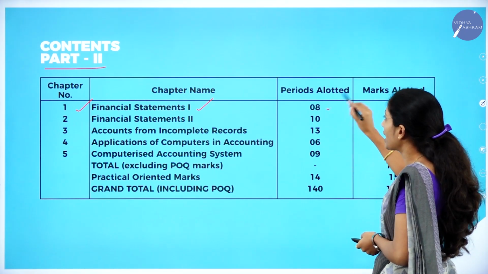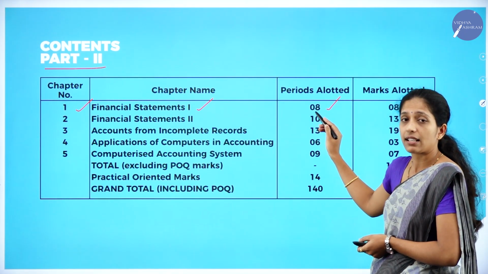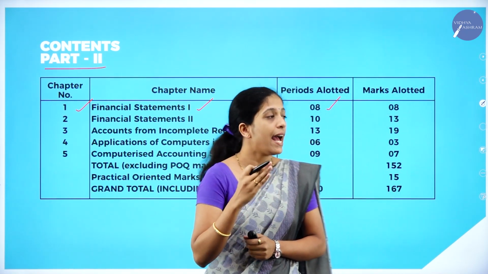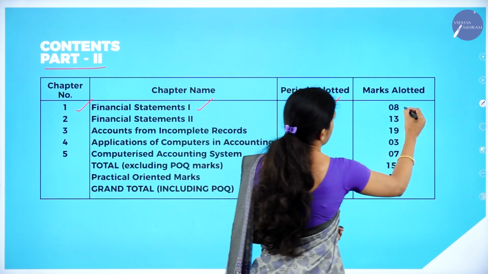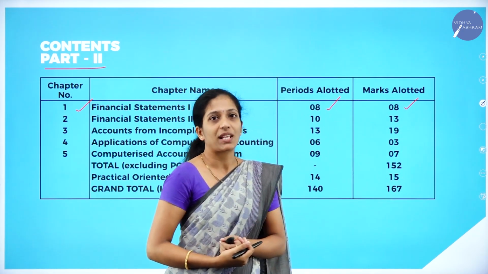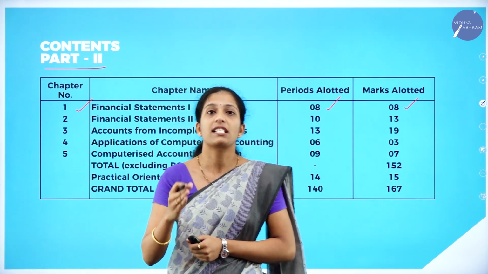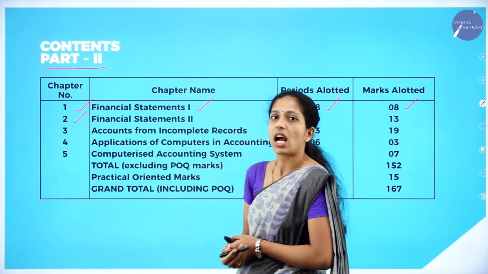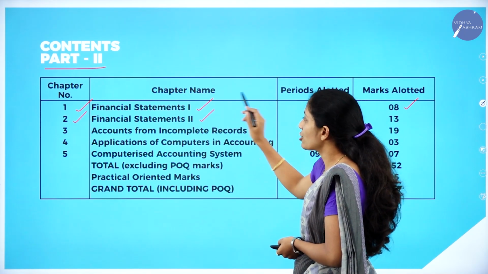The period allotted for this particular chapter is 8 hours. That is, 8 hours is required to complete this chapter, and you can expect 8 marks from this chapter, financial statement 1. Next, under part 2, your second chapter is financial statement 2.